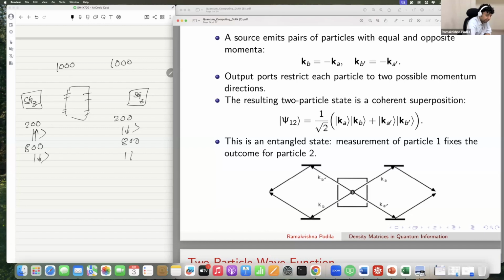Then I would say that these are correlated in the sense that whenever this is spin up, then this is showing spin down, and when this is spin down, this is showing spin up. That sort of correlation is what we are talking about.